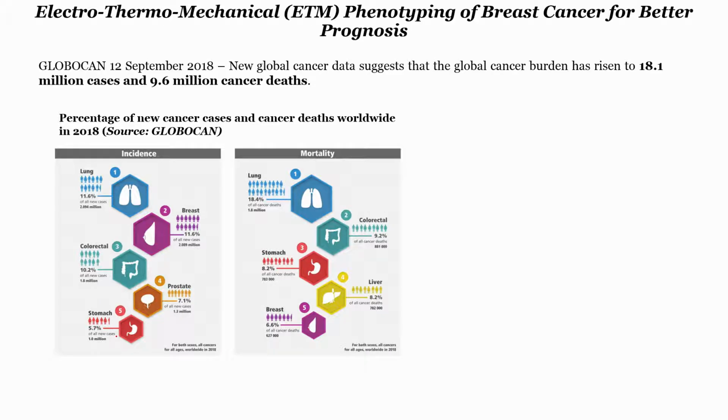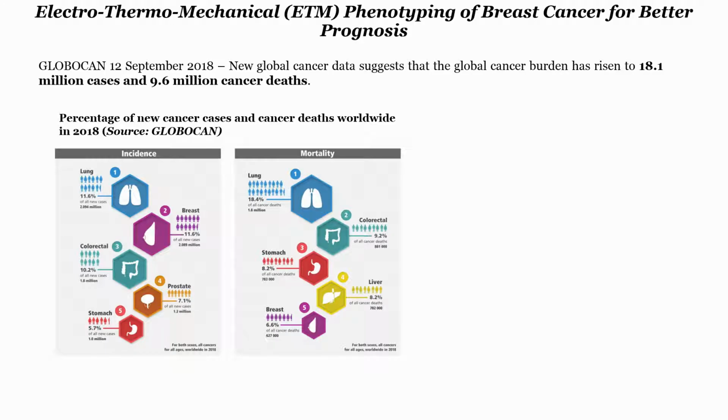When you look at the mortality ratio, you will see that lung cancer has 18.4% mortality, that means 1.8 million deaths. When you talk about colorectal, about 881,000 patients die. Stomach cancer about 783,000, liver 782,000, while breast 627,000, and this is for both sexes and all ages worldwide.